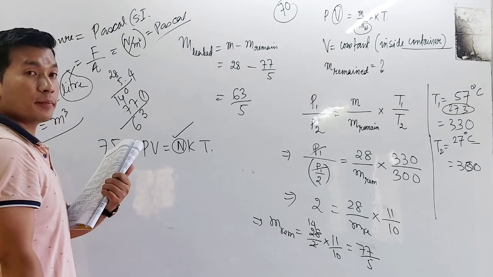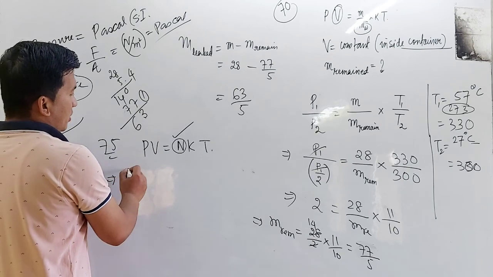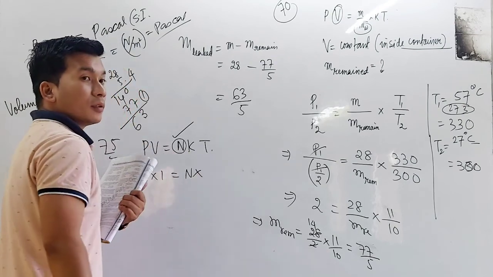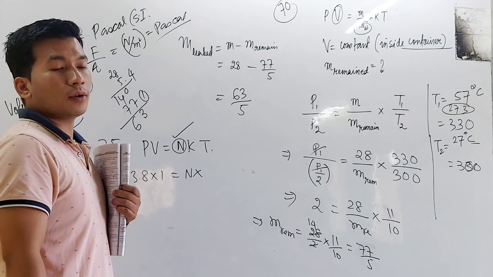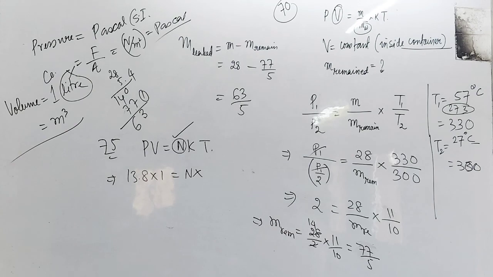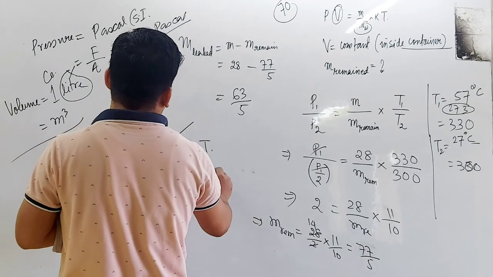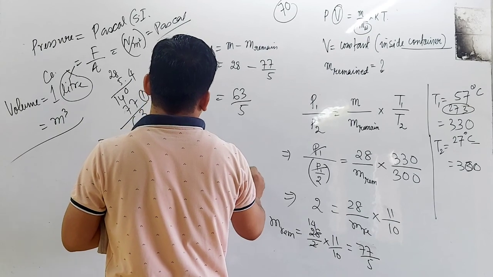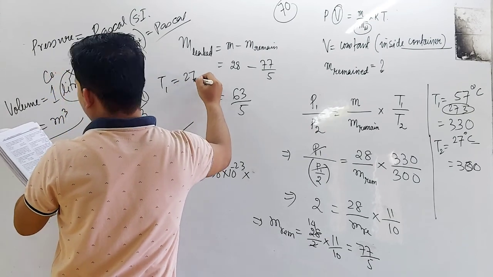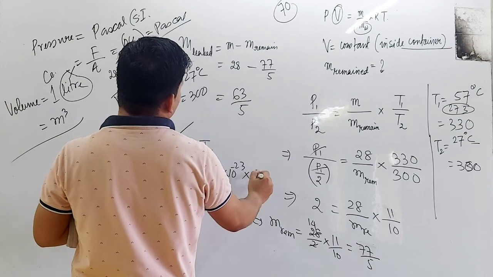The pressure is 13.8. Now for the Boltzmann constant, the value is 1.38 into 10 to the power minus 23, into the temperature T, which is 27 degrees Celsius, so it will be equal to 300 Kelvin.